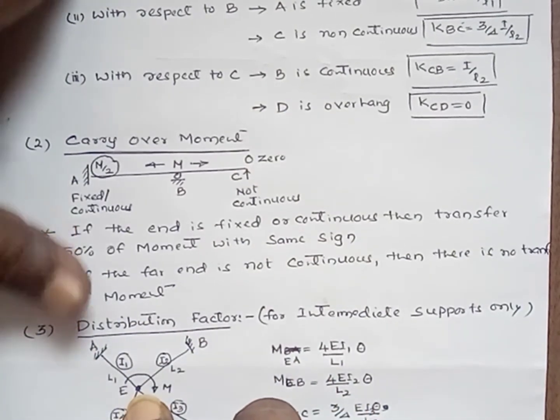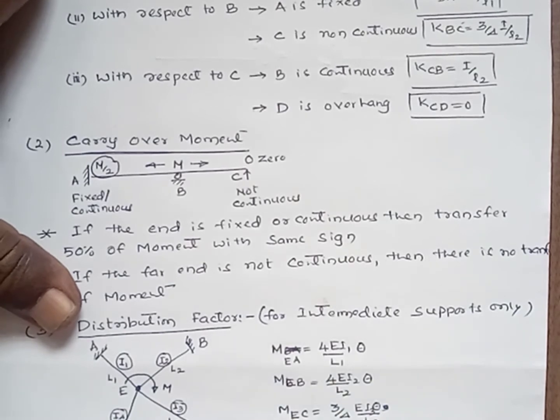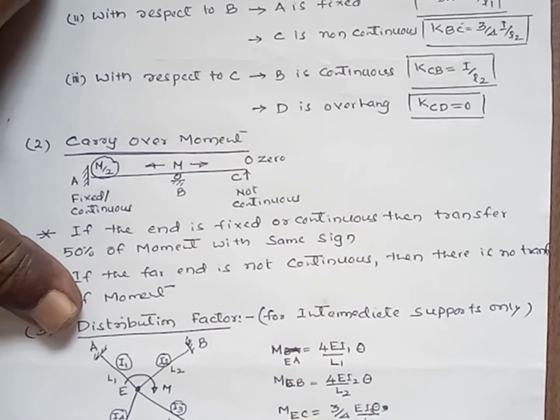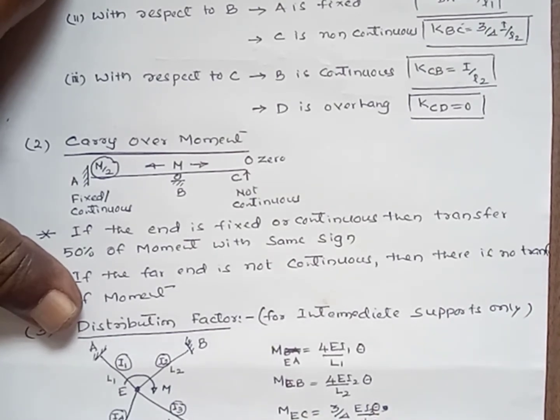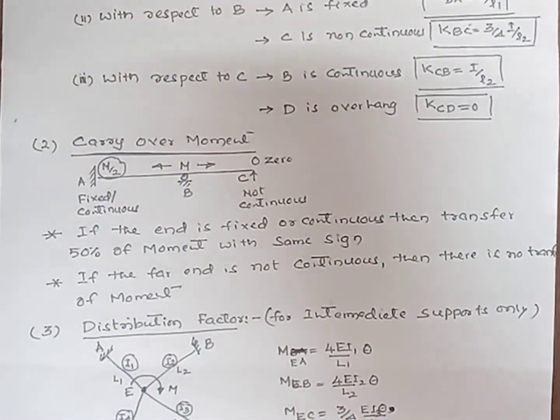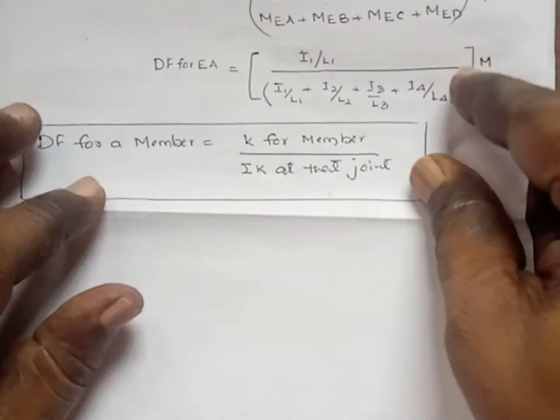with respect to E, C is on hinge, then MEC, that is the relative stiffness, is 3/4 of EI3 theta by L3. Then MED equals EI4 theta by L4.